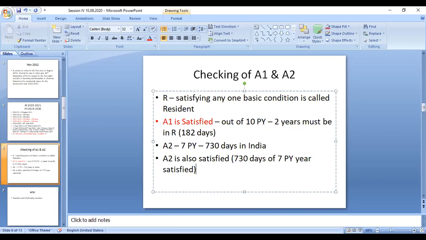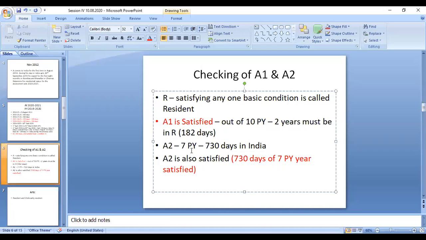Okay, so the rules give the 7 previous years, and in the 7 previous years he may satisfy in any 2 years. So any 2 years, that is how we can satisfy additional condition 2. In the 10 previous years, you need not check all 10 previous years. Our condition is any 2 years in the 10 previous years he must be resident.